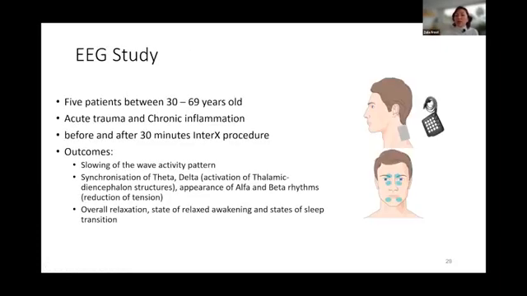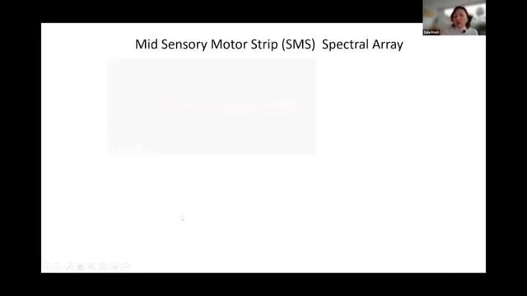And an EEG study using InterX on 6 points on the face and neck proved to activate brain activity synchronizations at different levels, theta, delta, which means activating thalamic diencephalon structures, alpha, beta rhythm, reduction of tension, relaxation, all happening.